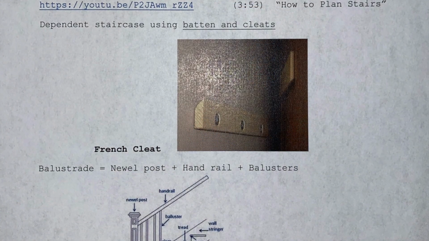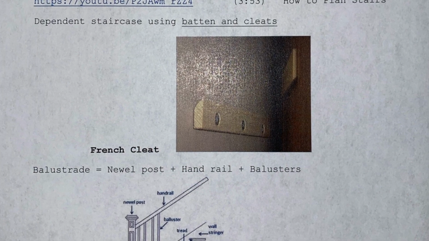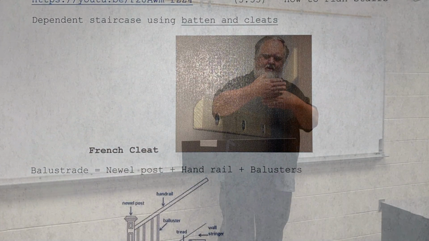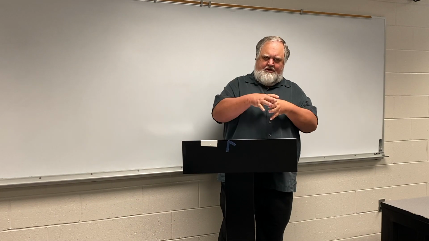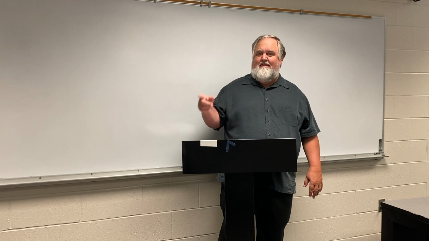The other part of a staircase is that it can either be dependent or independent. A dependent staircase is one that requires a landing to hold on to. You'll see there's a picture of what's called a French cleat. A French cleat is where you have one board that has an angled receptacle and another board that has a receptacle at the opposite angle, and when they meet, they sort of force each other into the groove, and the landing will support the staircase.